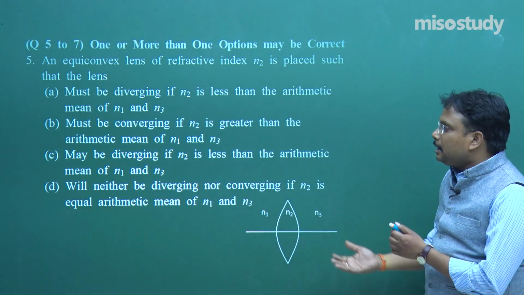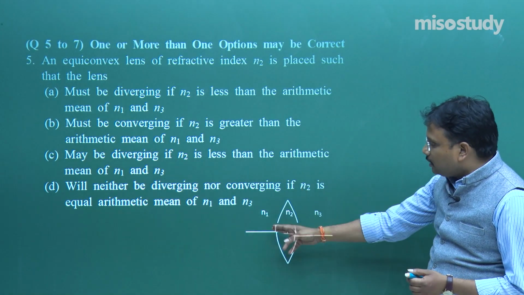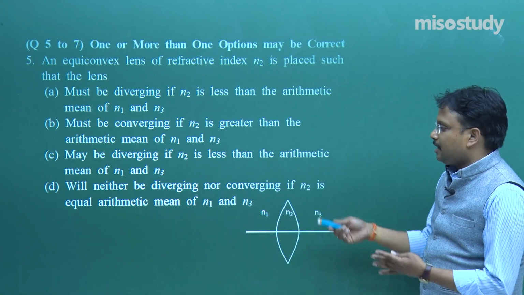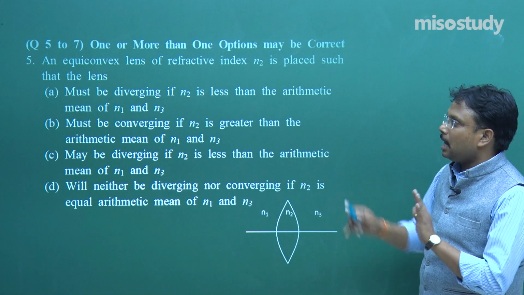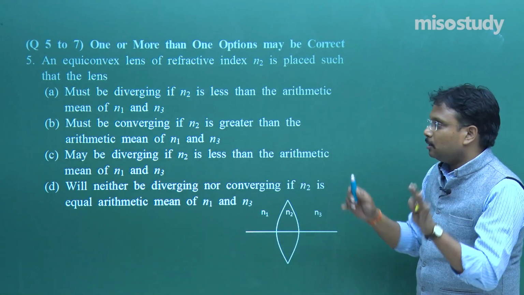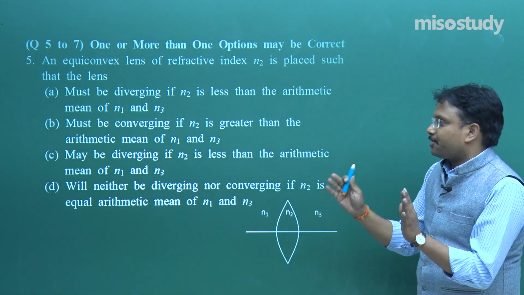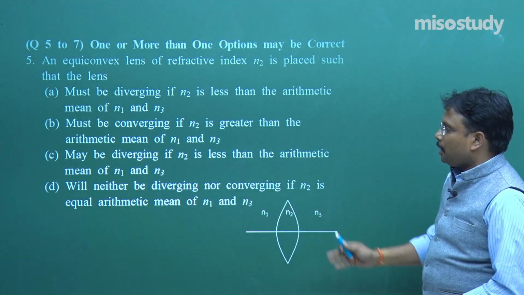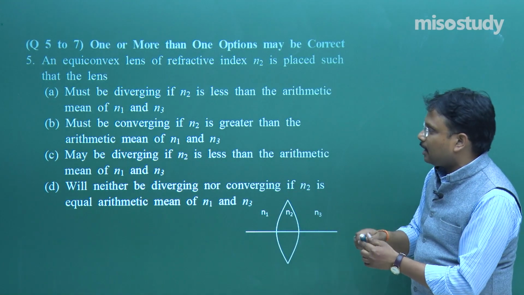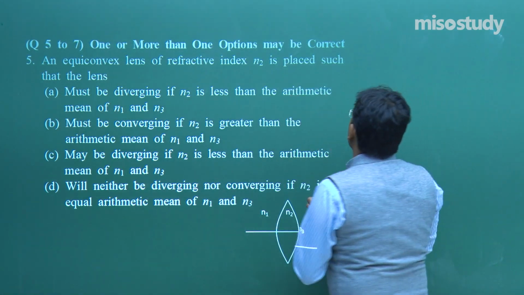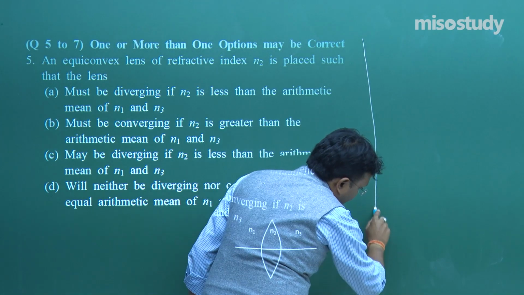So the idea is what exactly the values of N1, N2 and N3 are, and how the nature is changing. Here I'll only provide you some context tips, I will not solve the entire problem, because this is not a numerical but a problem to check your conceptual clarity.